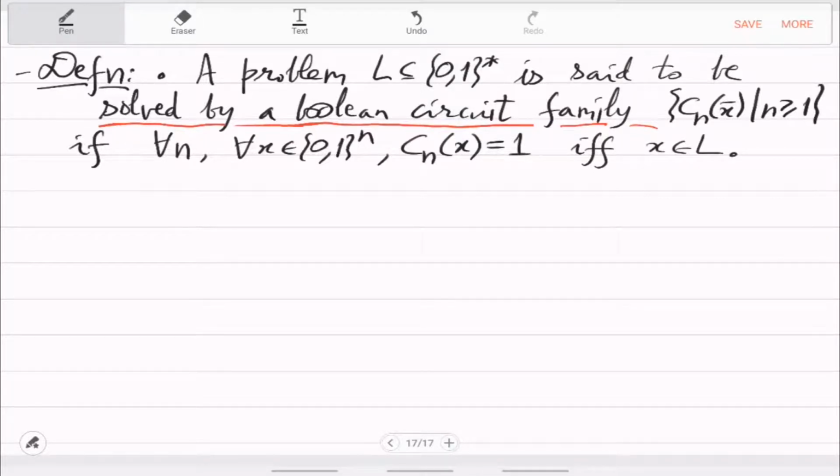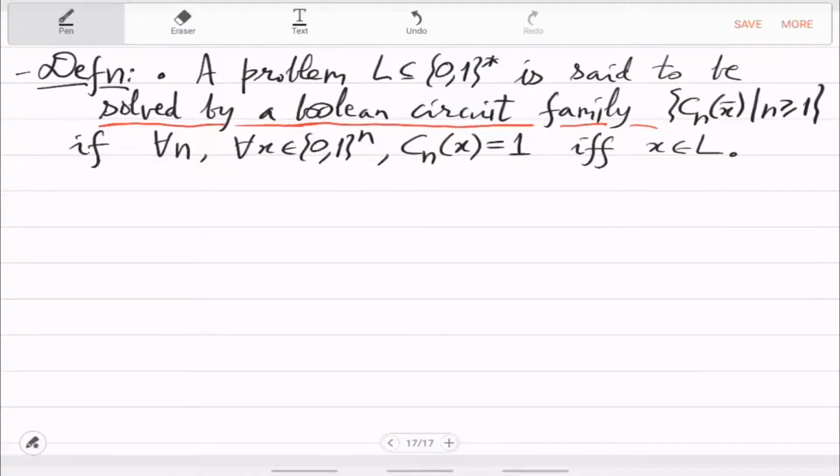So if x is in L, then the circuit of that appropriate input size n, the circuit Cn, should result in 1 in the output. That is the meaning of solving something by a Boolean circuit.